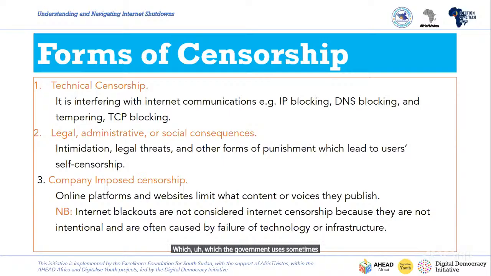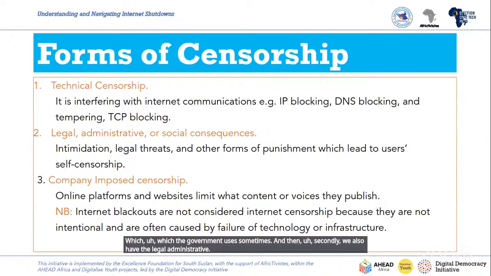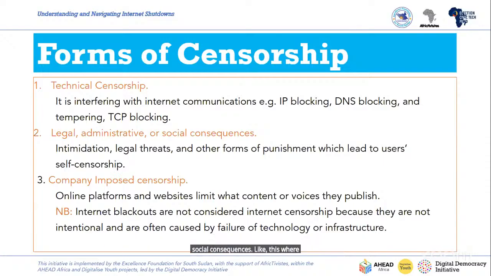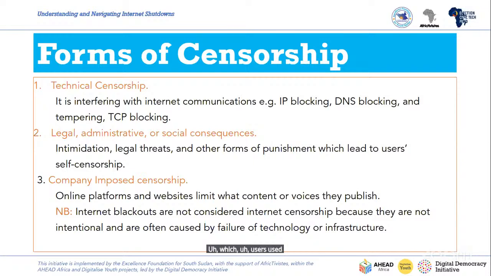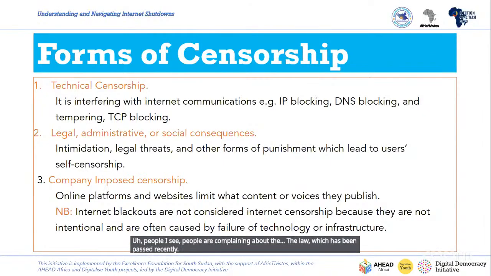Secondly, we have legal, administrative, or social consequences, where the government uses legal threats and sometimes some form of punishment, which the leaders or authorities use to censor the internet. I see people are complaining about the law which has been passed recently, that some of its content is trying to implement what we are talking about here.